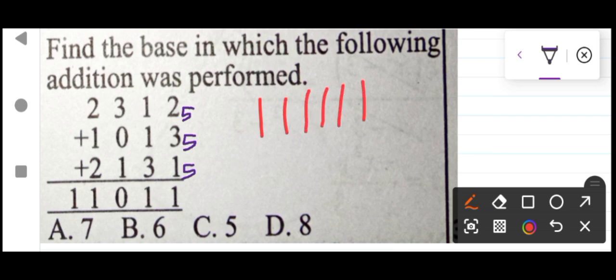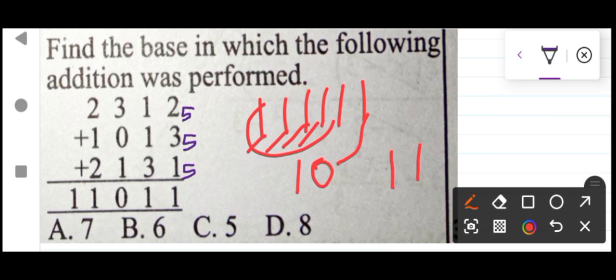Now that we are working in base 5, any count of 5 becomes 10. So we have 1, 2, 3, 4, 5. So this is 10. Then plus this one, which is 11. So all we have to do is write 1 and then carry 1. And we can see that this works fine because the value there earlier in black is 1.